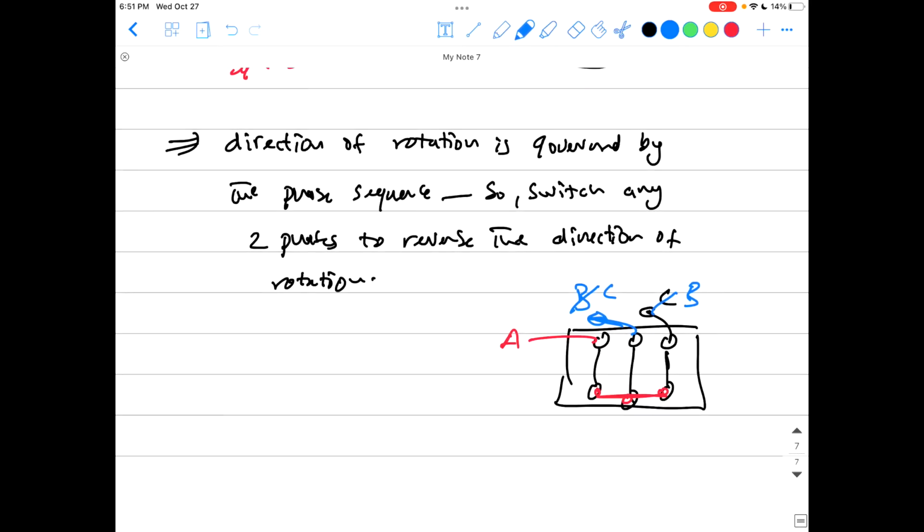Even with three-phase induction motors, you can try this in the lab yourself. If you want to reverse the direction of rotation of the three-phase induction motor, you basically switch any two phases of the connection to the supply, and it will reverse the direction of rotation. Okay, guys?